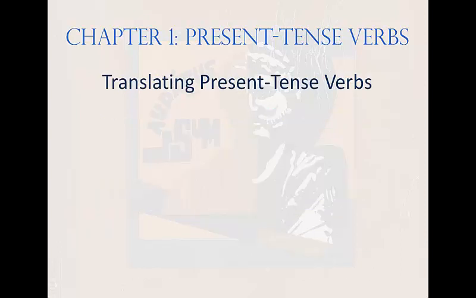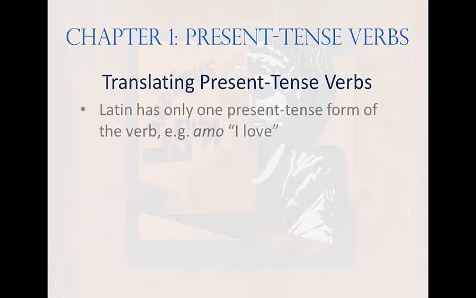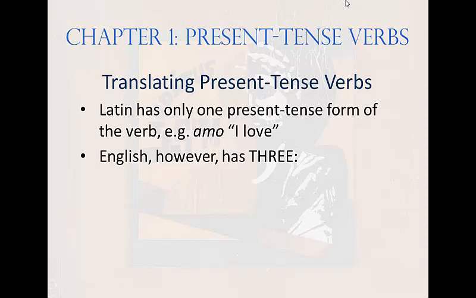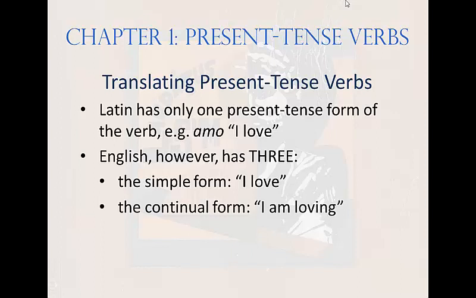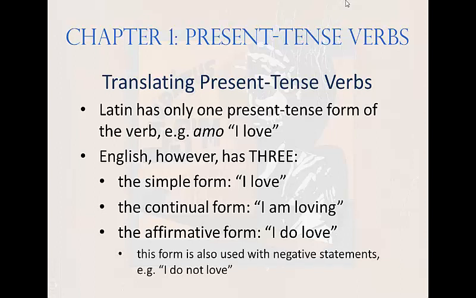Translating present tense verbs. Latin has only one present tense form of the verb. For example, amo, I love. English, however, has three. The simple form, I love, the continual form, I am loving, and the affirmative form, I do love.